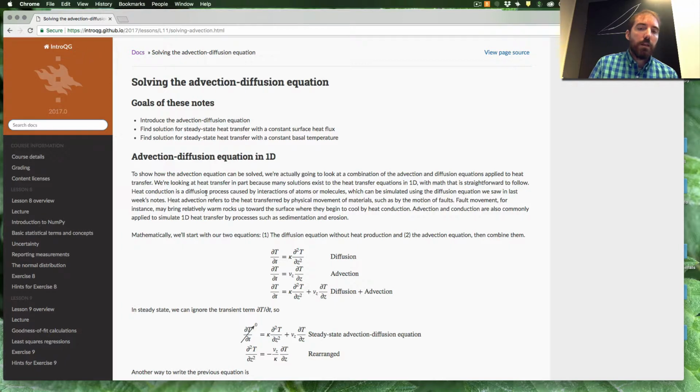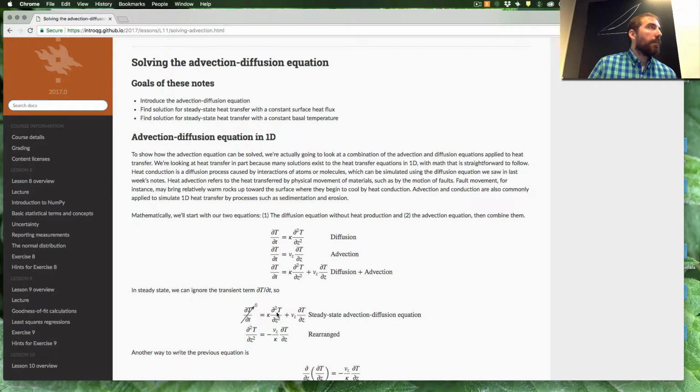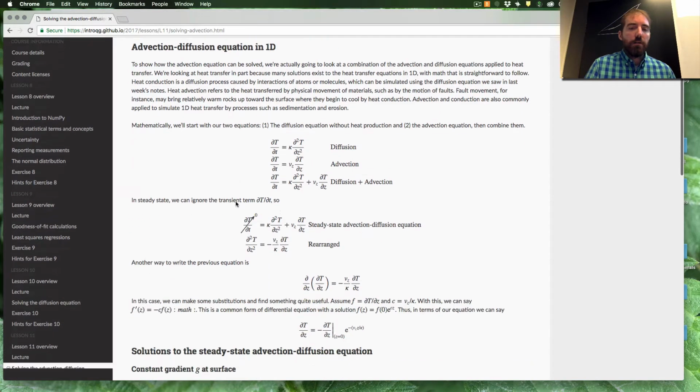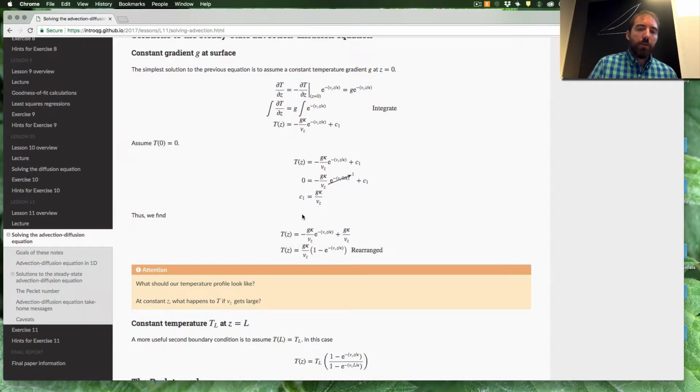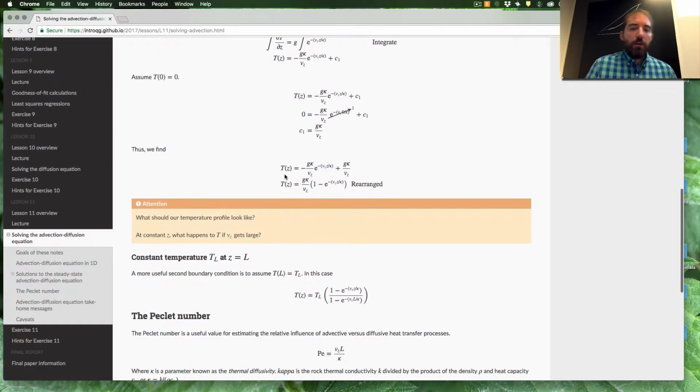So if you're interested to see how you can solve the heat transfer equation with advection and diffusion in 1D, the notes are here, but there's nothing you need from these notes for the exercise for this week, unlike last week. So anyway, in earlier versions of the course where we had a bit more time in lecture, I would normally go through solving this on the board, but instead I've just put the notes here in case you're curious. So you can find different solutions to the heat transfer equation in 1D here.